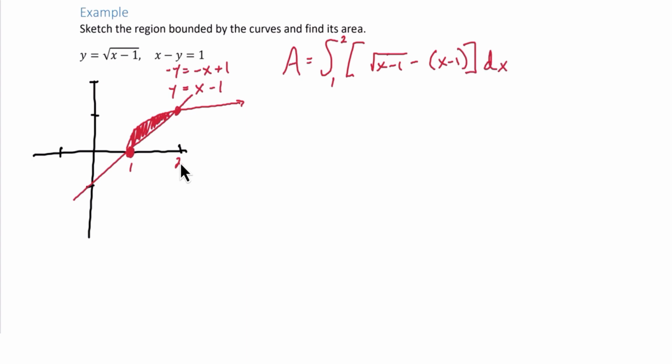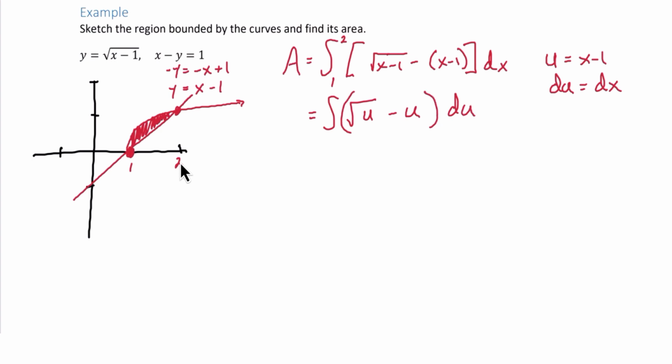In order to integrate this, it's going to be beneficial to use a u-substitution. We'll let u be x minus 1, and then the derivative of u is 1 dx. So rewriting this, we have the integral of the square root of u minus u du.